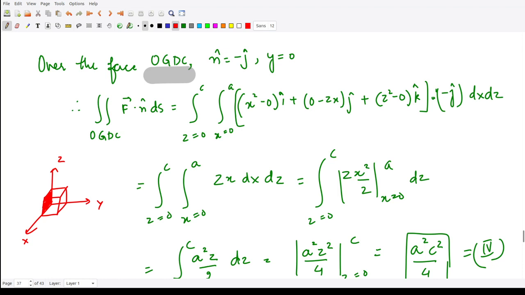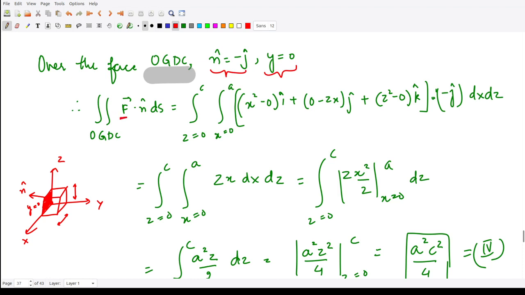Now this face has the value of y equal to 0, because at all the points here y is equal to 0. The only things that are varying are x and z. And moreover the unit vector which is drawn perpendicular would be in the negative y direction, right? So we have n vector to be minus j cap, and y here is equal to 0.